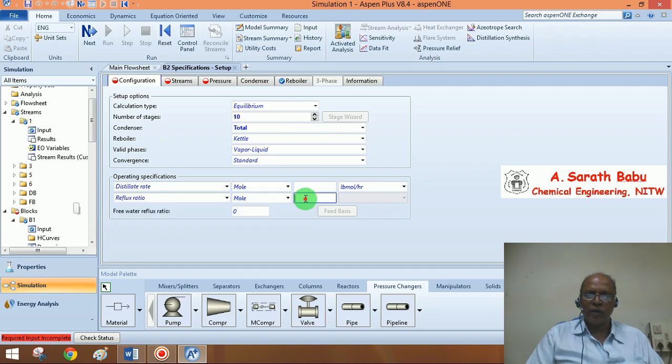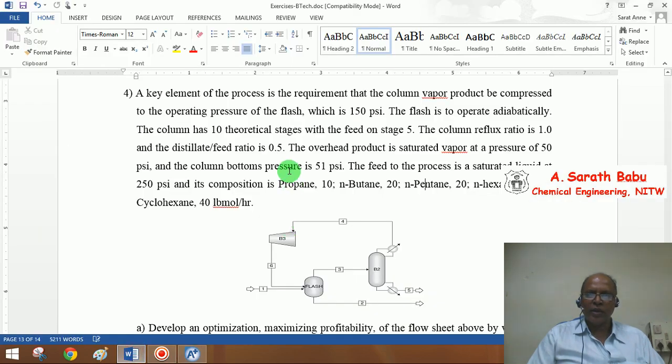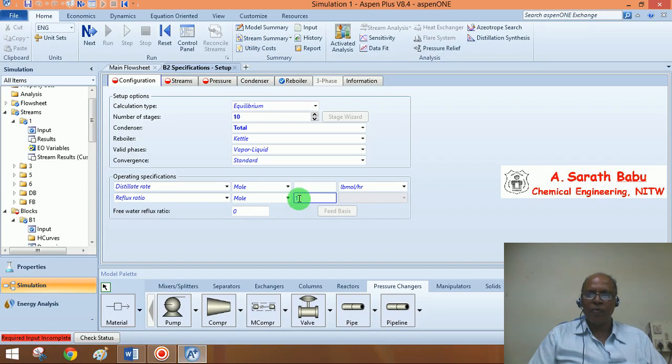Distillate rate, reflux ratio I think is given as 1. Distillate rate is given as 0.5. Reflux ratio is 1, right? This is 0.5. Next.